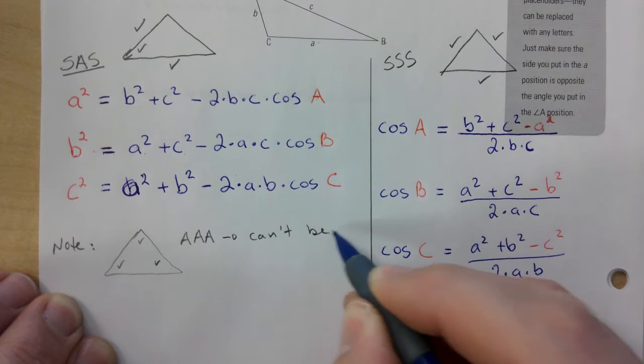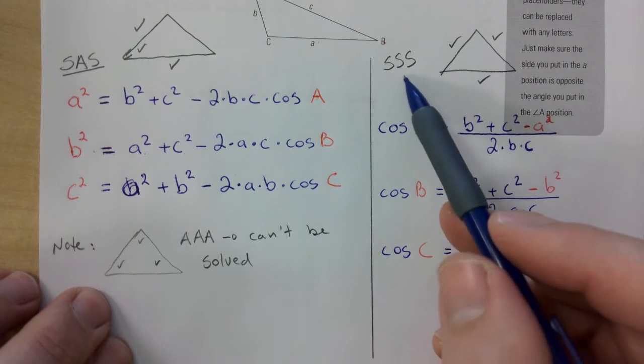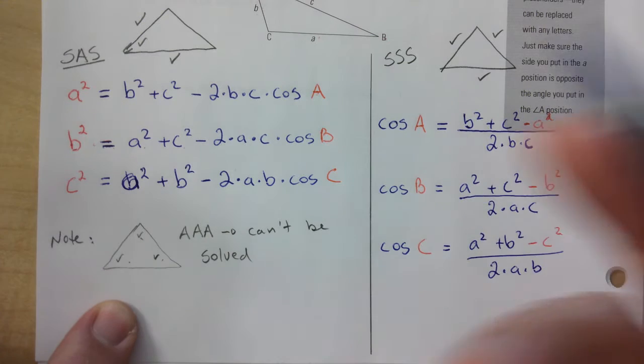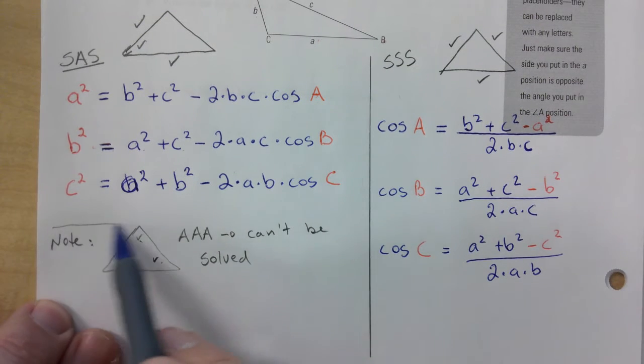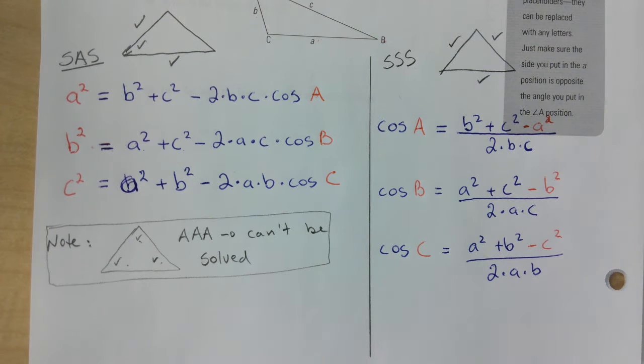Can't be solved. Like you can do one where all 3 sides are given, but you cannot solve one where all 3 angles are given. It's impossible. So I feel like that's worth noting. If you ever come across something like that, you know you can't do it.